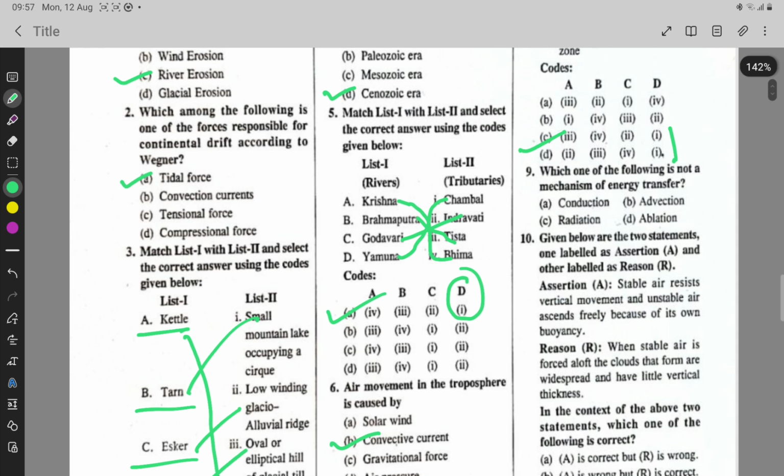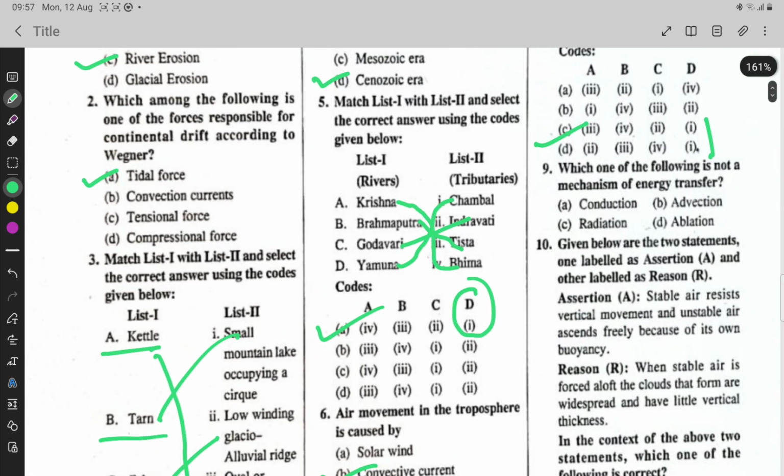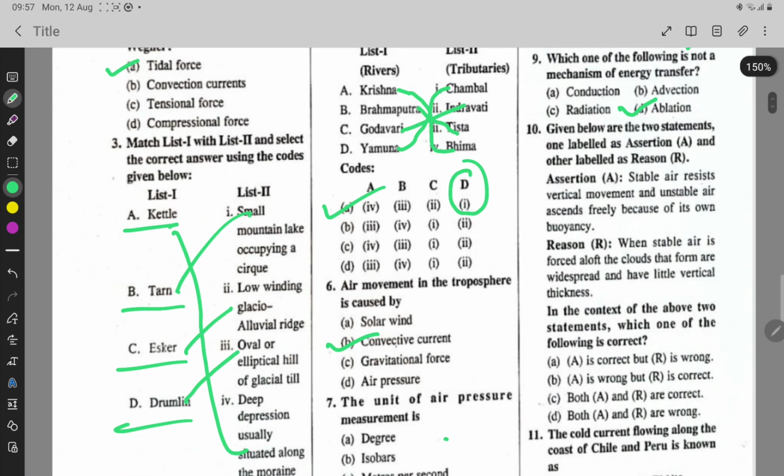Which one of the following is not a mechanism of energy transfer? Conduction is, radiation is, and advection is. So the ablation is not a mechanism of energy transfer. The right option is D. Stable air resists vertical movement, and unstable air ascends freely because of its own buoyancy.